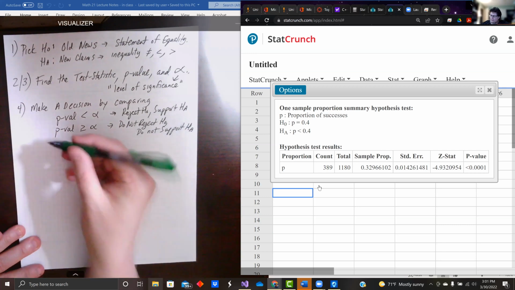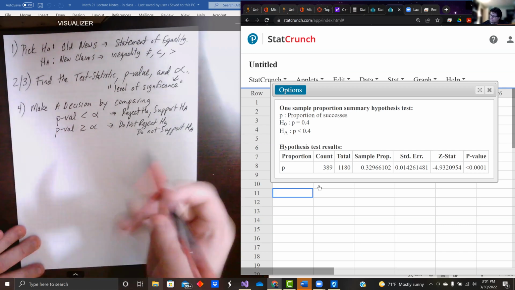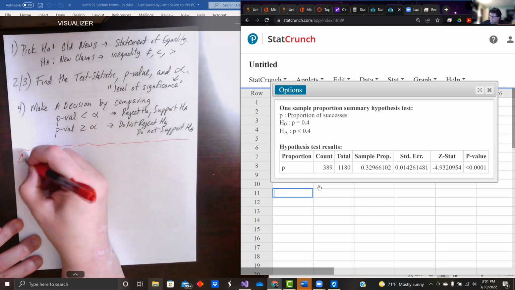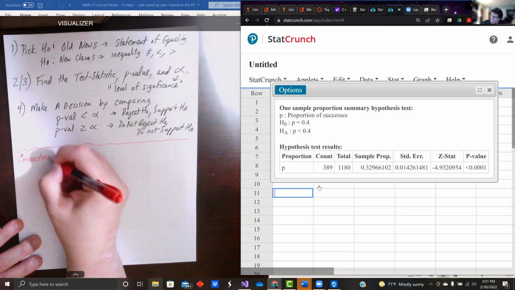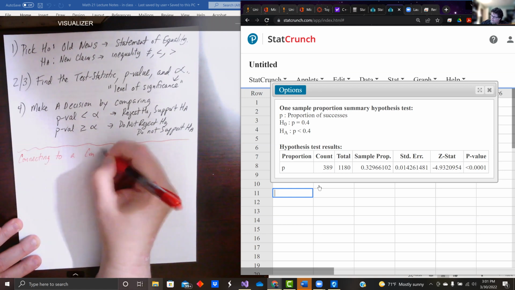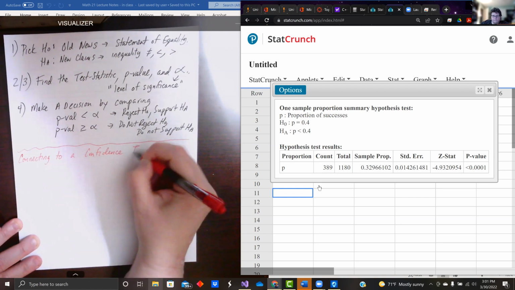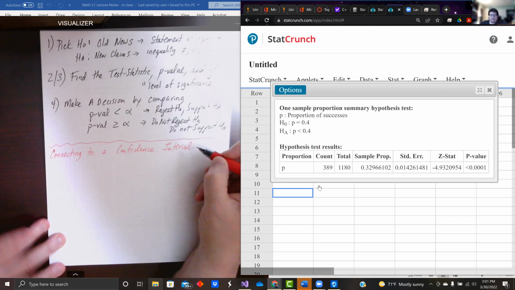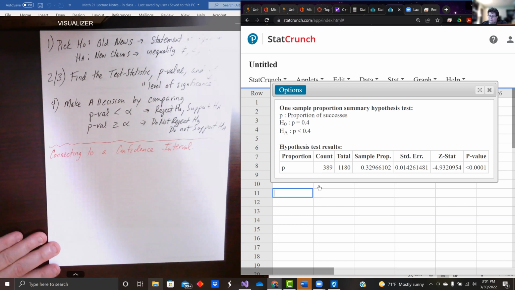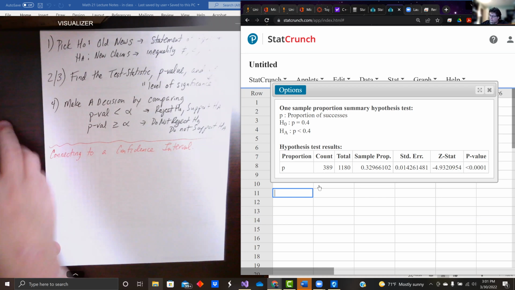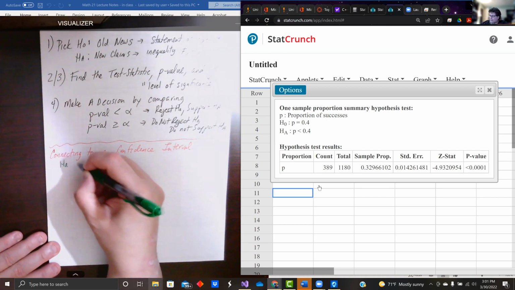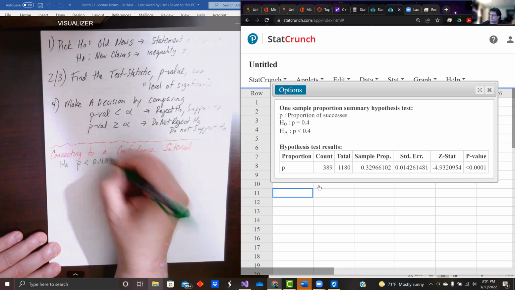And I want to show you how this connects to a confidence interval. Connecting to a confidence interval. So in the test we just did, HA was P is less than 0.40.